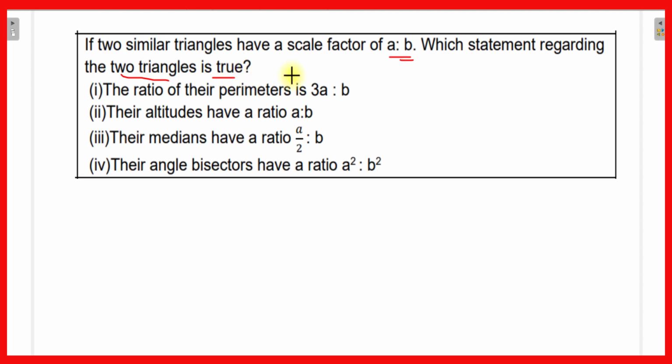The ratio of their perimeters is 3A:B, their altitudes have the ratio A:B, their medians have a ratio half of A:B, and their angle bisectors have the ratio A² is to B². Now this question is a little bit difficult and you require some knowledge.